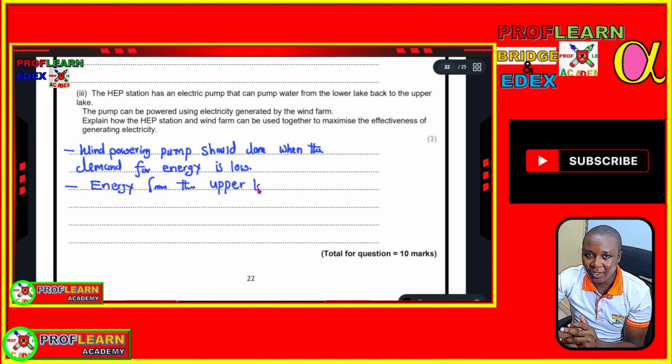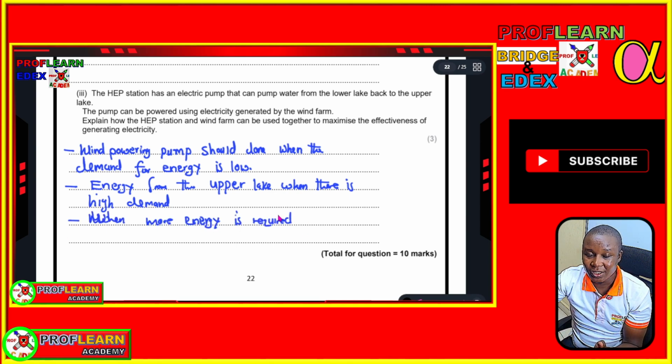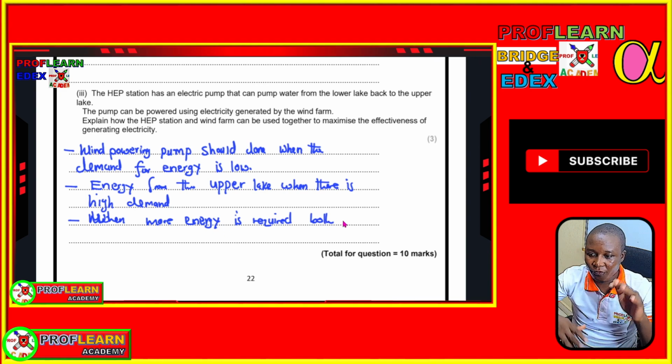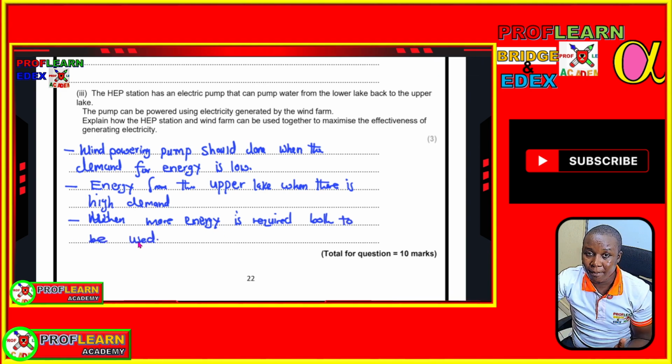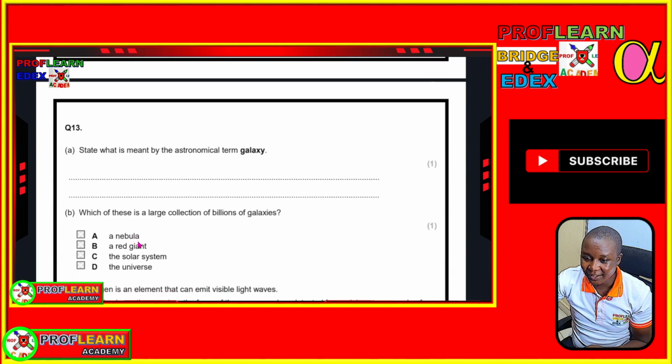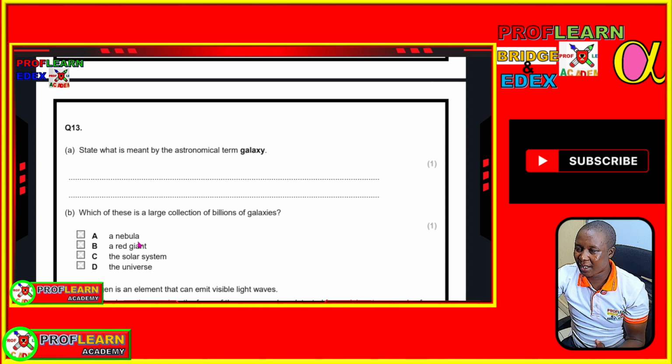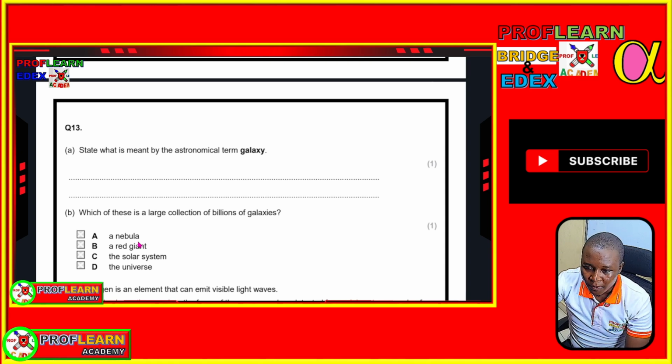But the disadvantage of wind energy is that it's not reliable, and it cannot produce enough electricity. The electricity keeps fluctuating depending on the amount of wind. Another disadvantage is that it produces a lot of noise pollution, and it can kill birds.